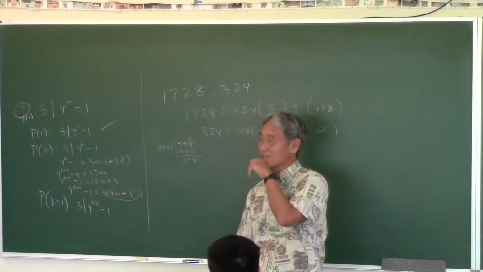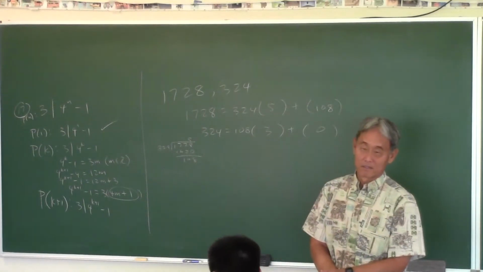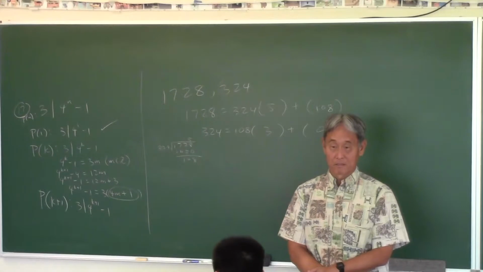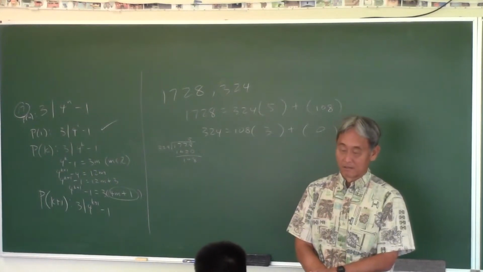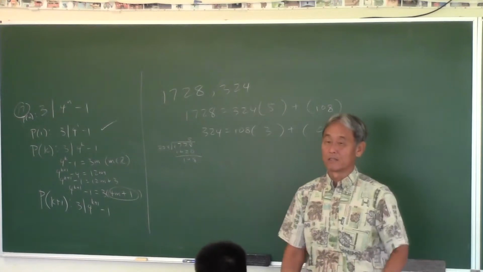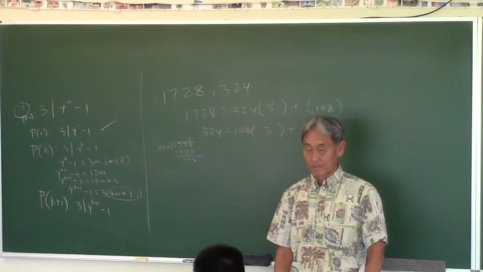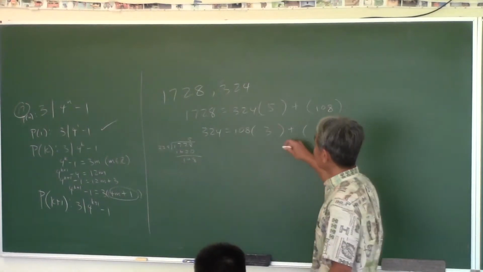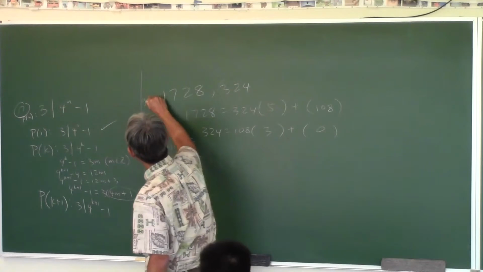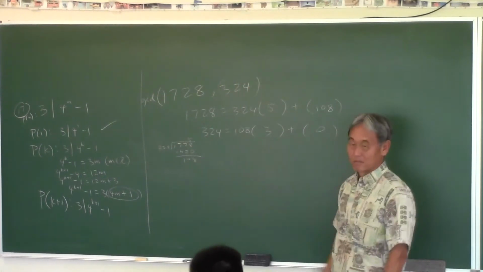Hey Siri, what is the greatest common divisor? Just do GCD. Is it greatest common factor? No, GCD, that's the same thing. 108. See, there you go.